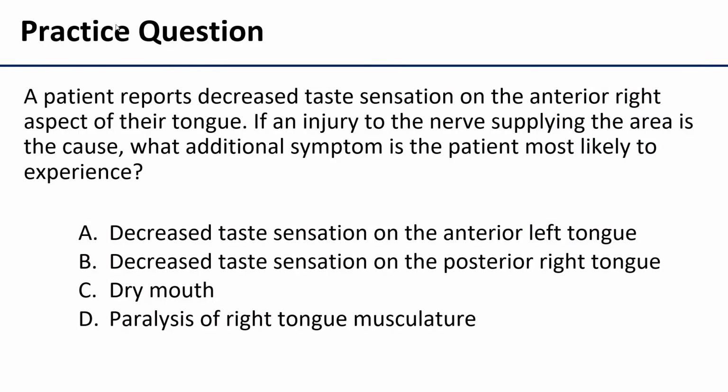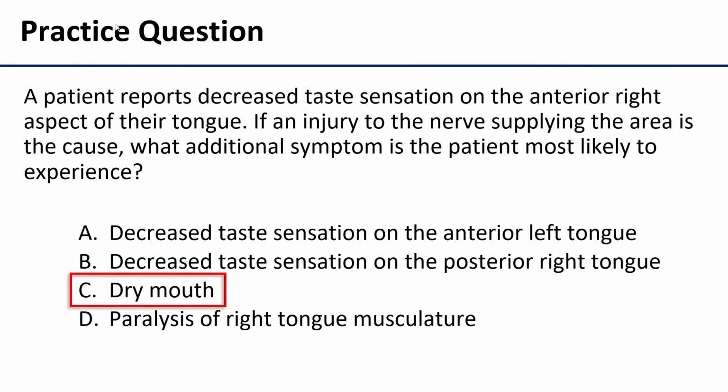Let's do a practice question to test what you've learned. The correct answer here is C, dry mouth. Now, this is a multi-step question and a little bit complicated, so let's walk through why this is the answer.